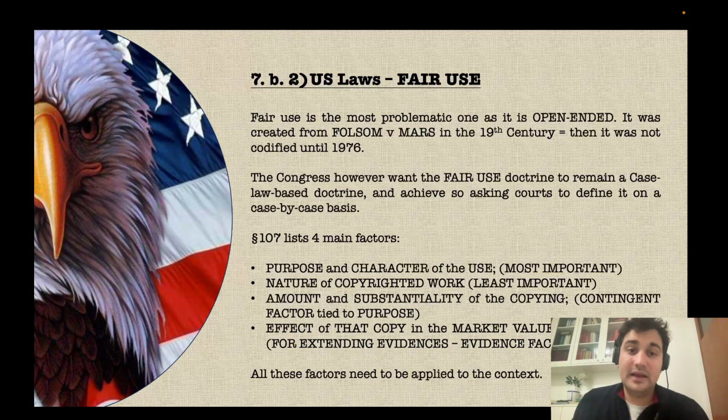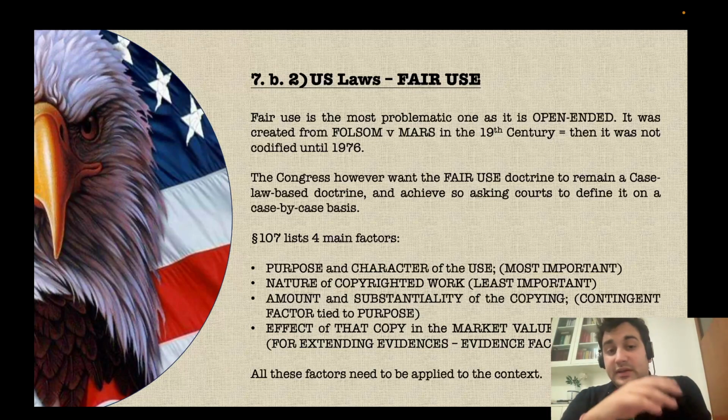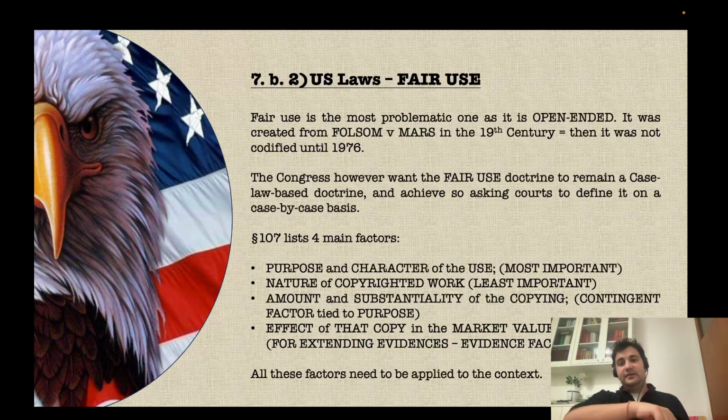Okay, and it wasn't codified until 1976. The Congress wanted in 1976 though that the fair use remained a case law based doctrine, and therefore drafted Section 107 listing 4 main factors.